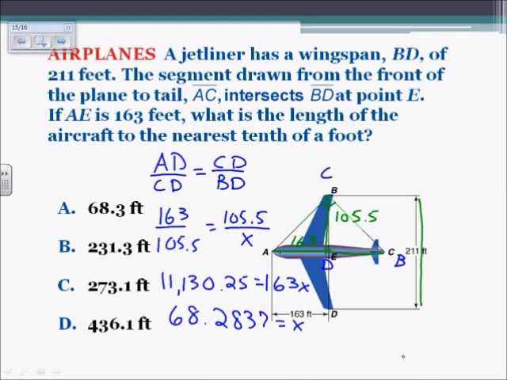Take our 68.2837 and add that with the 163 from the wing already, and we should be pretty close to 231.3 feet, which is answer B. So the length of the plane to the nearest tenth of a foot should be 231.3 feet.